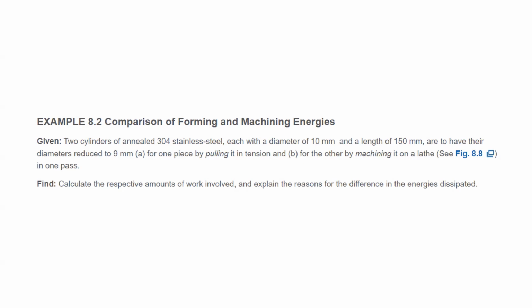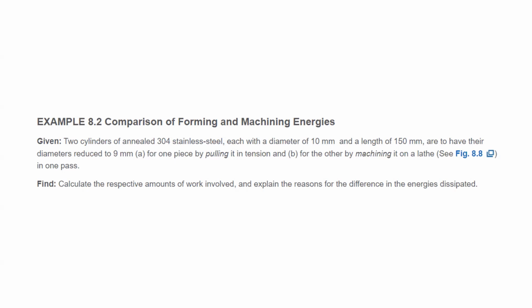The problem is we have two cylinders, same material, 304 stainless steel, each with a diameter of 10 millimeters and a length of 150, and both are to have their diameter reduced to 9. This is my original diameter, and 9 is my final diameter.